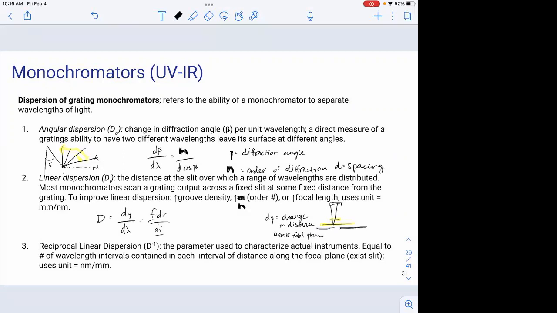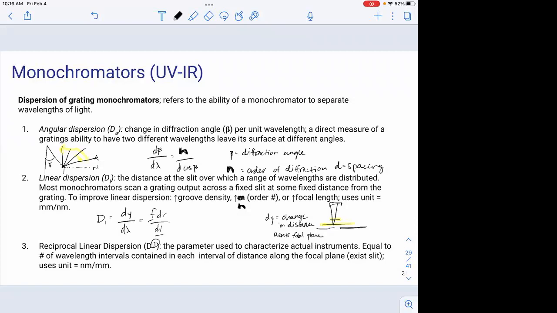So reciprocal linear dispersion, which has an L on it, is differentiated from the reciprocal. This is a parameter used to actually characterize instruments. If you go to buy a monochromator, they'll tell you something about the reciprocal linear dispersion of that monochromator as a characteristic of its performance.